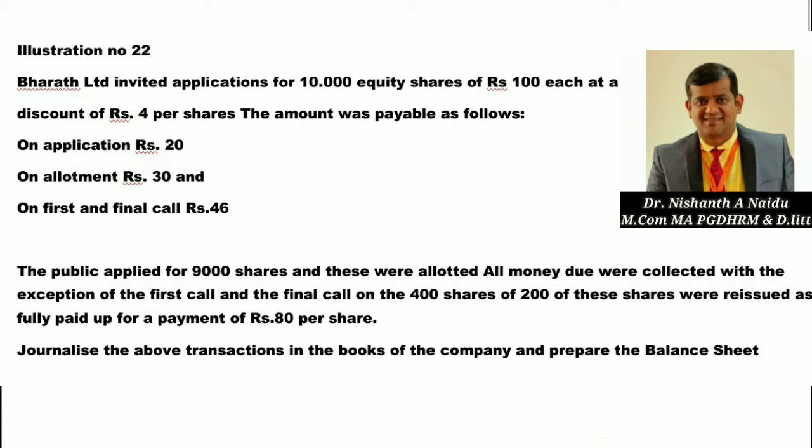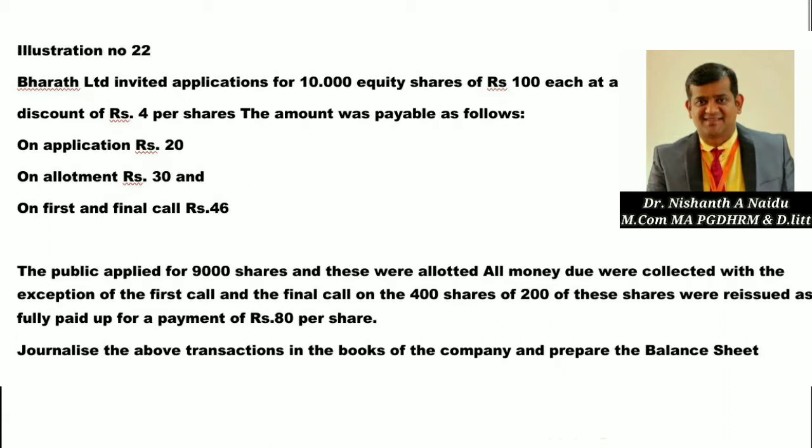Out of these shares, 200 were reissued as fully paid up for a payment of rupees 80 per share. So out of 400 forfeited shares, only 200 forfeited shares have been reissued, and the other 200 are not reissued. That has been reissued at rupees 80 per share.